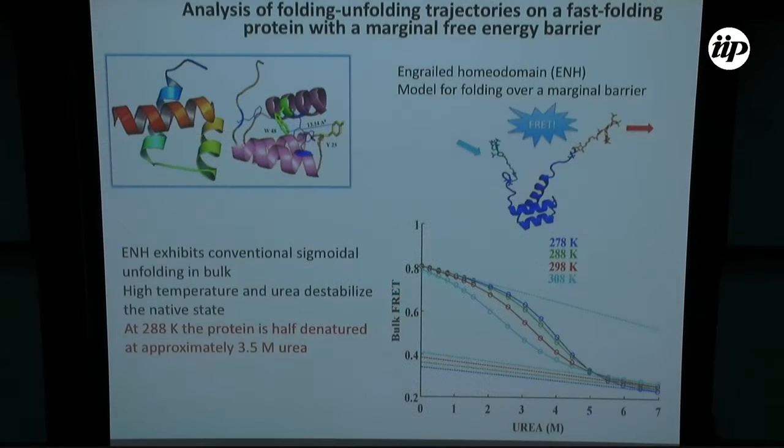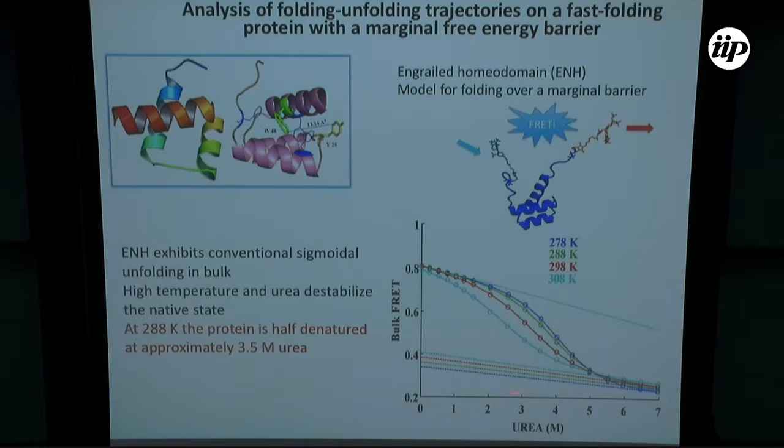So we decided to do further experiments. So we put the dyes at the ends on this protein. This protein is also about 60 residues, similar size. And then we also look at the temperature dependence because we wanted to slow down the kinetics as much as possible. So in this case, we decided to look at the process at 288 Kelvin. And we needed 3.5 molar urea to be at the midpoint, right?